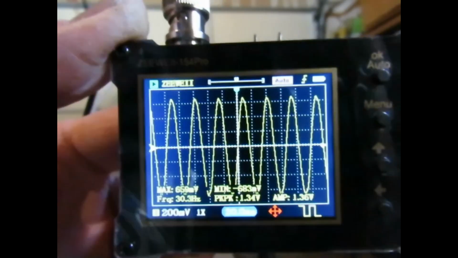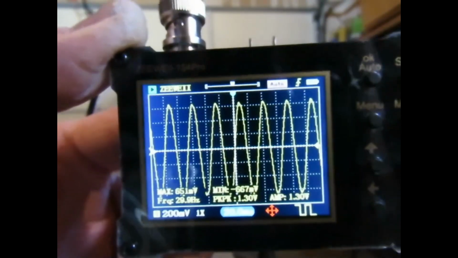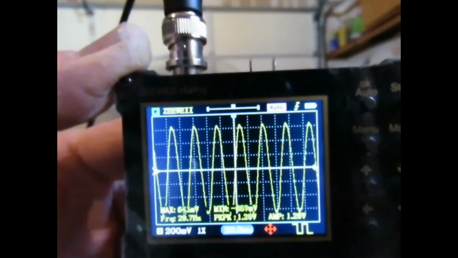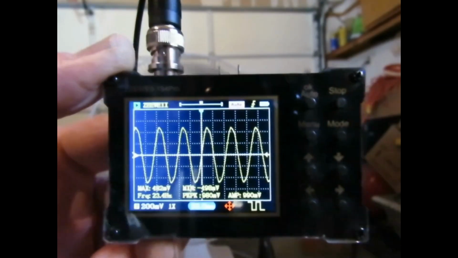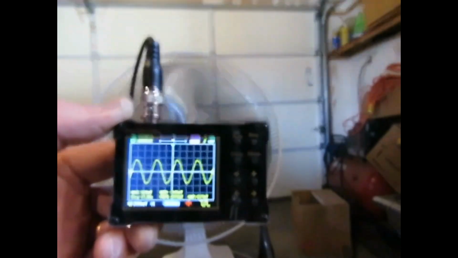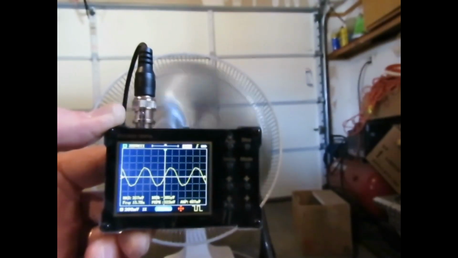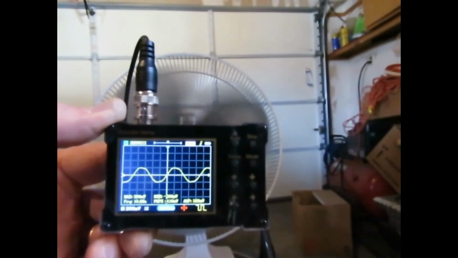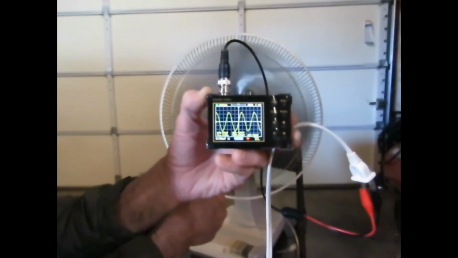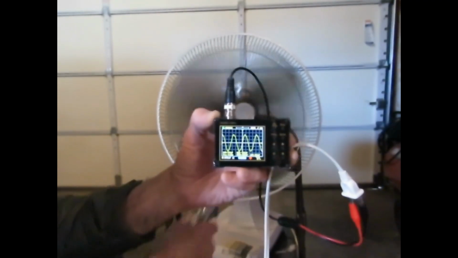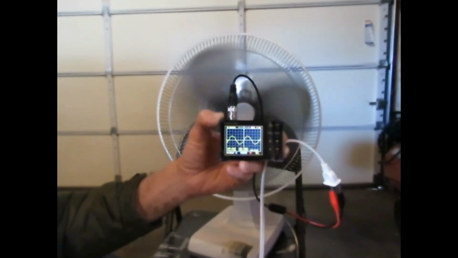If you look at the peak to peak, it was at 1.29 volts. So when we let it wind down, the frequency gets slower, the voltage drops, and we now have 0 volts.